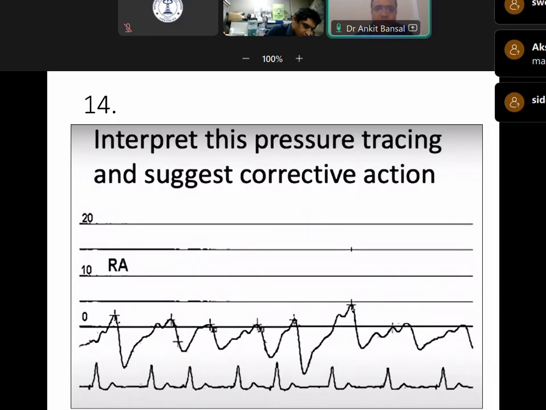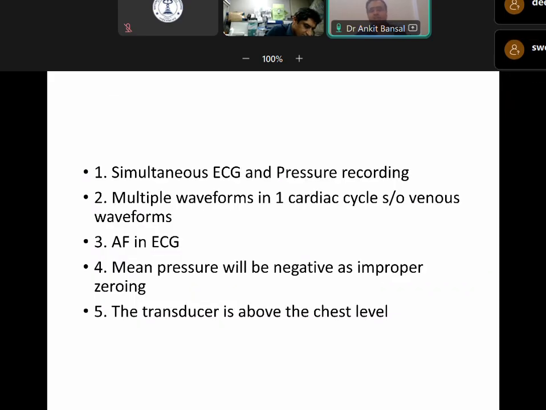So the transducer is already above the chest level and you have to make the transducer go down.